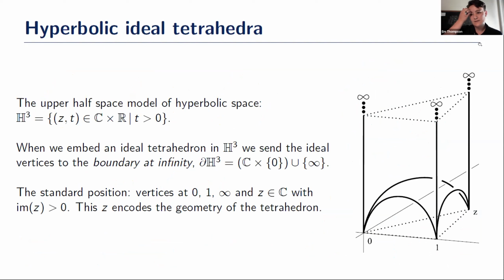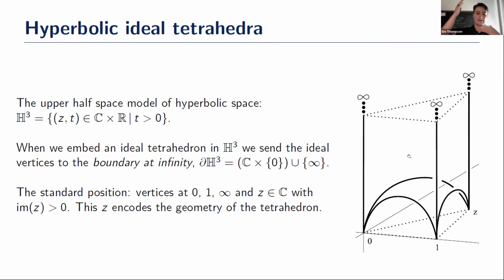So the idea is to talk about the hyperbolic structures on the knot complement using this triangulation. And so we need to be able to think about the hyperbolic structures on the tetrahedra and then how they glue together. So we're going to think about our hyperbolic geometry in upper half space. So this is the upper half space model.